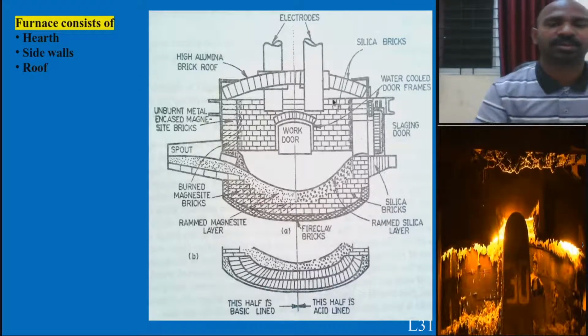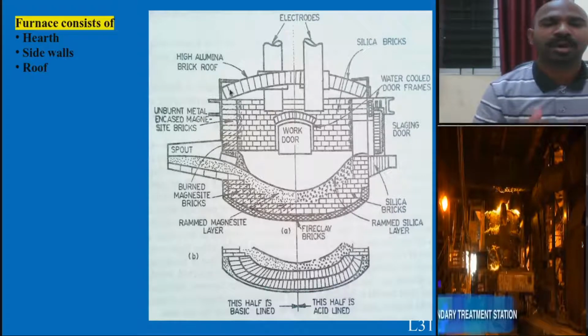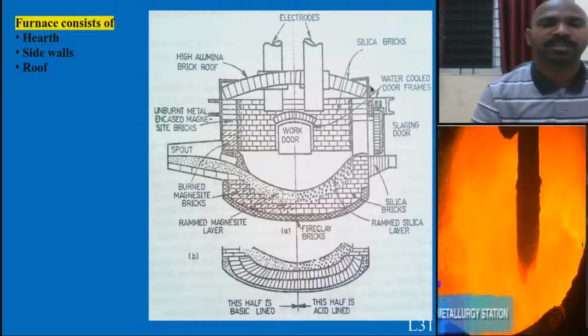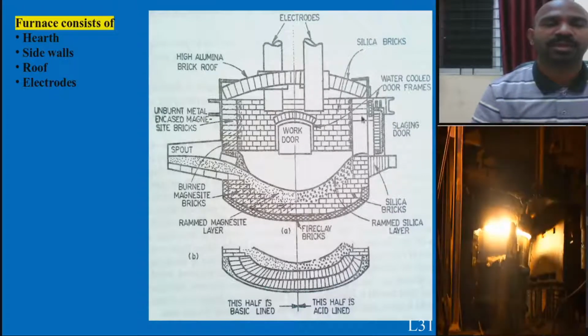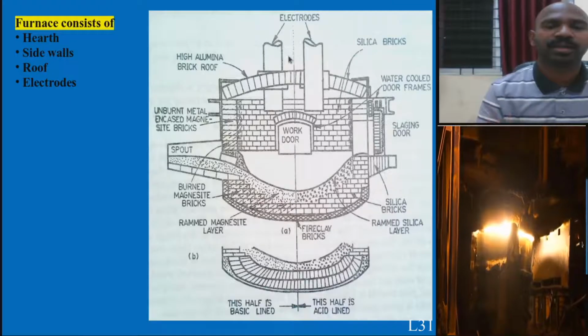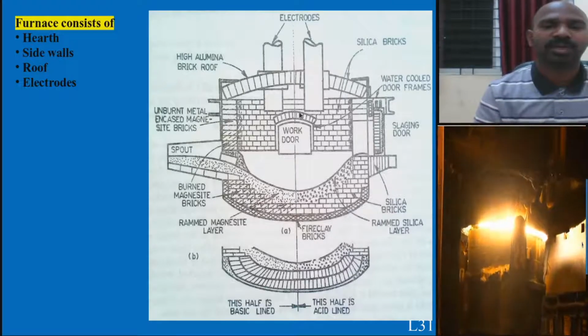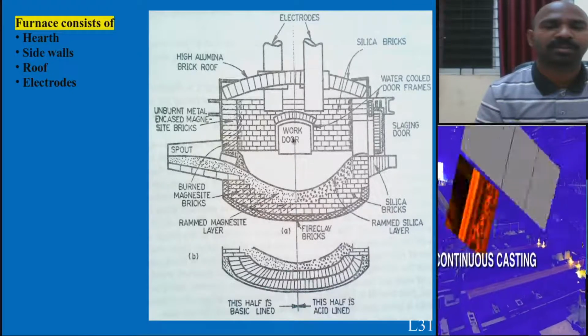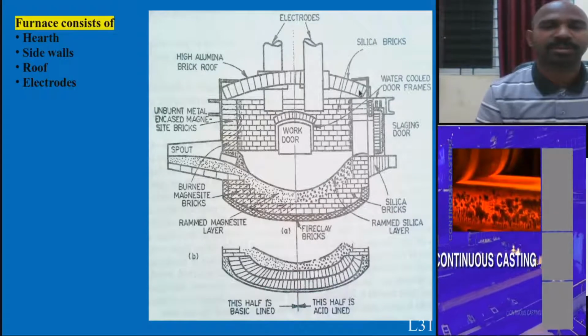Similarly, the roof, just like our building has a roof. And the next part, the electrodes. You could use a combination of more than two electrodes, or a single electrode method is also possible. These varieties are in practice.